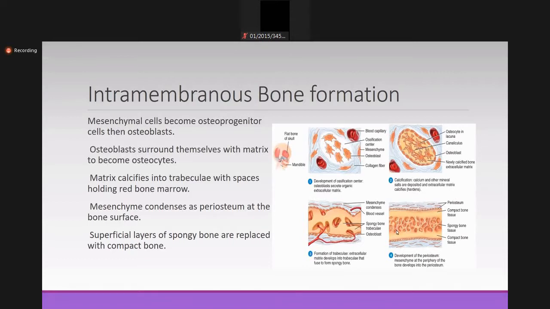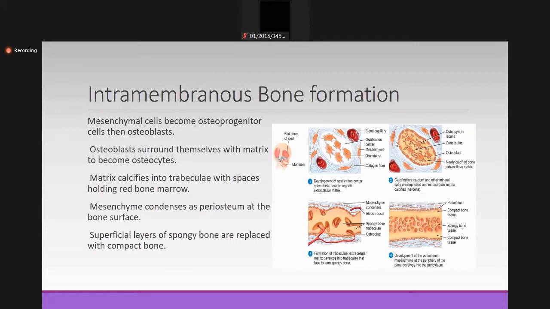That is, first you have the mesenchymal cells being differentiated into the osteoprogenitor cells. The progenitors were the primary cells which give rise to the osteoblasts. So first the mesenchyme forms the osteoprogenitor cells. The osteoprogenitor cells will form the osteoblasts, and gradually the osteoblasts differentiate.